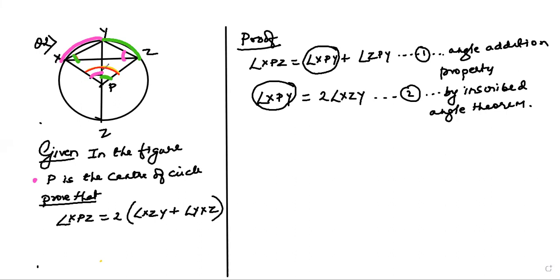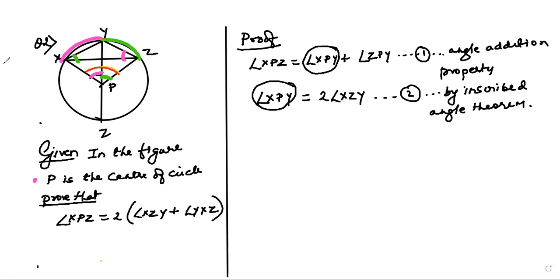Please have a look here. The central angle YPZ is intercepted by this arc YZ. Arc YZ is intercepted by angle YXZ on the circumference.